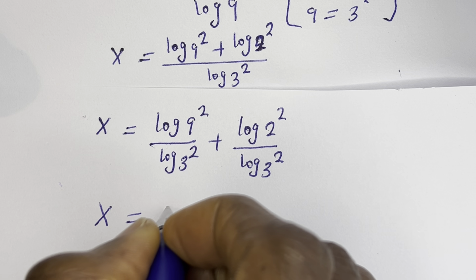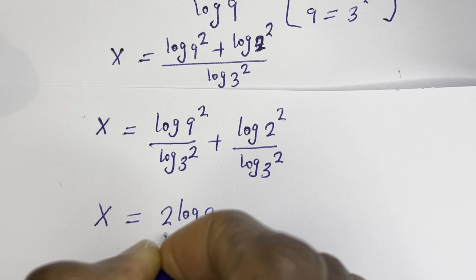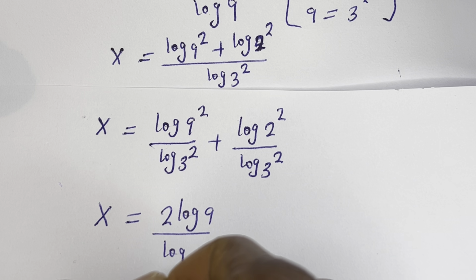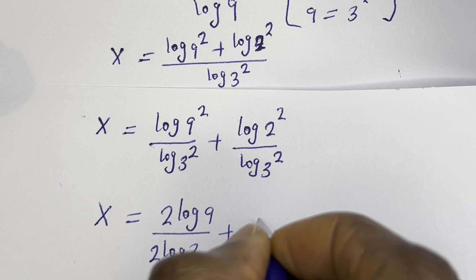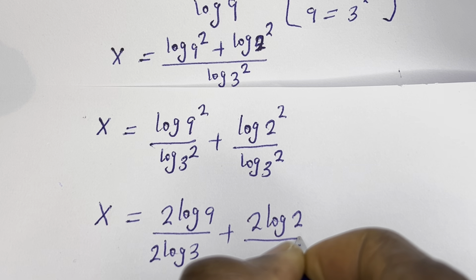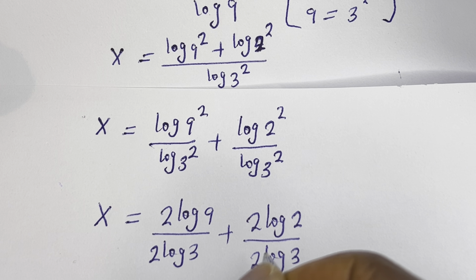x is equal to 2 log 9 divided by 2 log 3 plus 2 log 2 divided by 2 log 3.